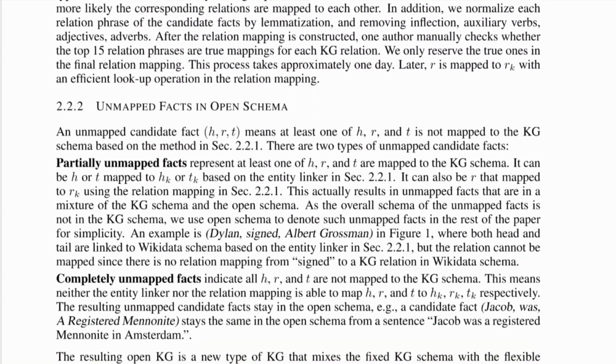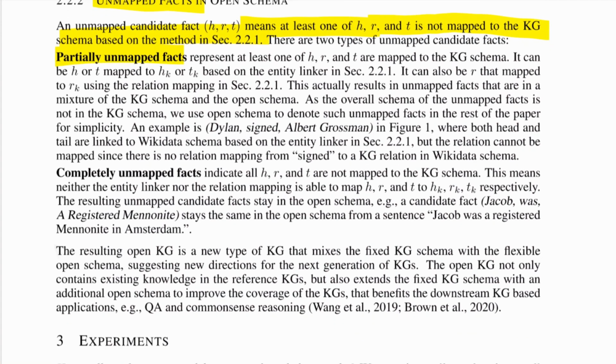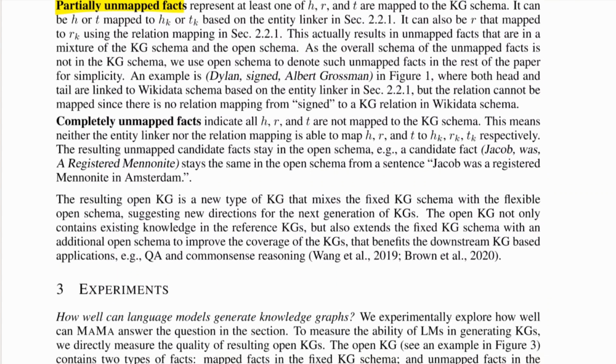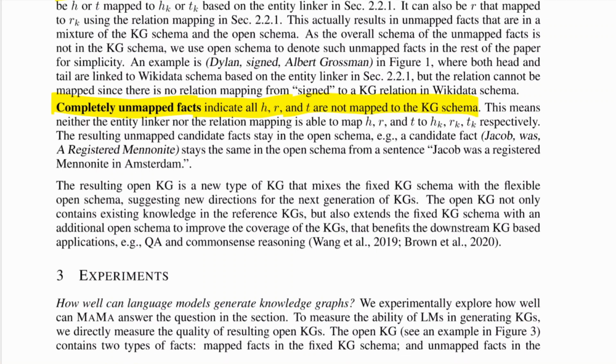Whenever they don't find a match, they say this is an unmapped fact. An unmapped candidate means that at least one of H, R, and T is not mapped to the schema. There are two types. Partially unmapped facts is where some are mapped, and completely unmapped facts indicate that all H, R, and T are not mapped to the schema.